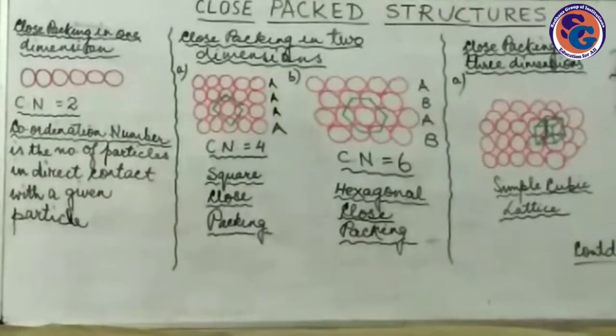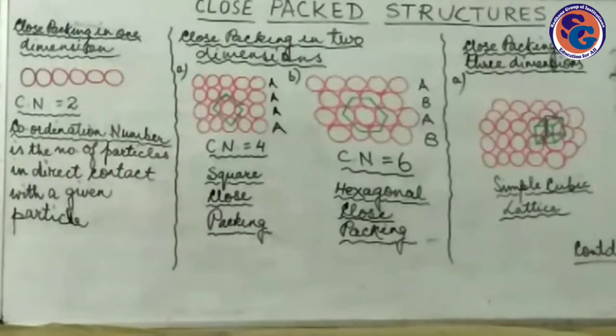In this case, the close packed spheres of one dimension are kept above the close packed spheres in one dimension of another layer in such a way that the spheres of one layer are fitted in the depressions which are made by the spheres of the first layer.